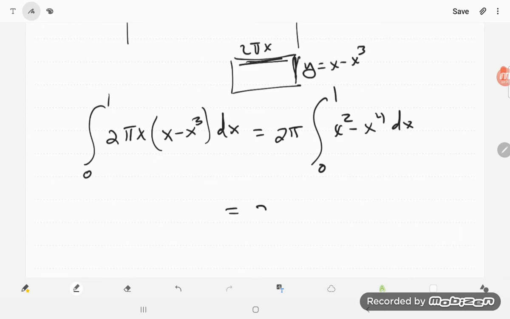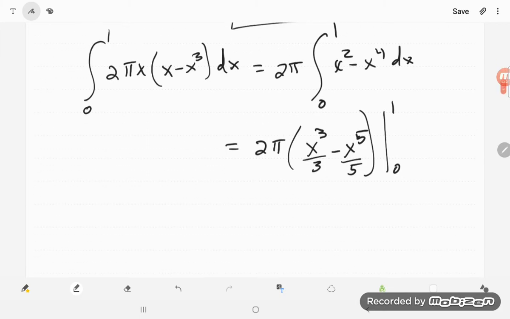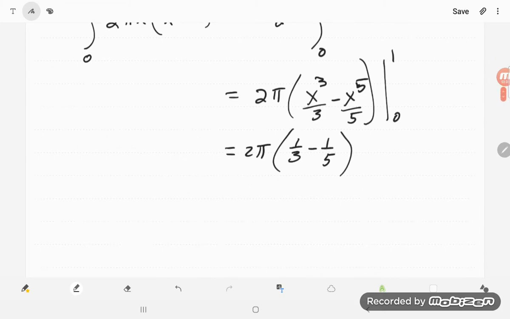And so this is 2 pi times x cubed over 3 minus x to the 5th over 5, and that's from 0 to 1. Placing a 0 in there, I get 0, but putting the 1 in, I get 2 pi times 1/3 minus 1/5. They seem to like that a lot.